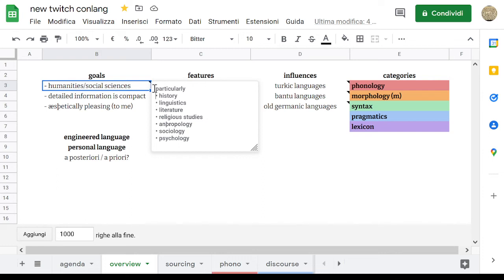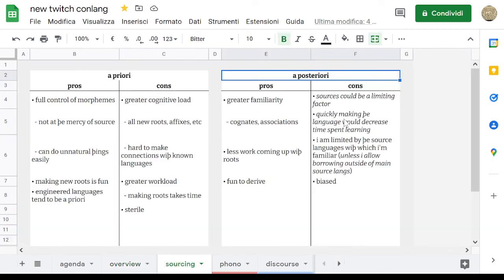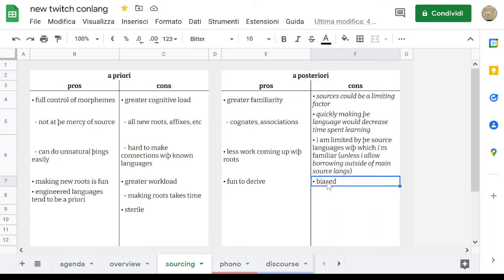And if I want a word for a kind of structure that doesn't exist in any of those cultures, I could, like I said earlier, borrow a word from outside of those source languages, or I could have my word in my language, even though it comes from a European language, not have the same meaning that it has in those European languages.